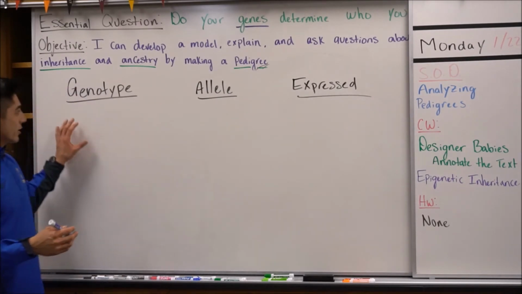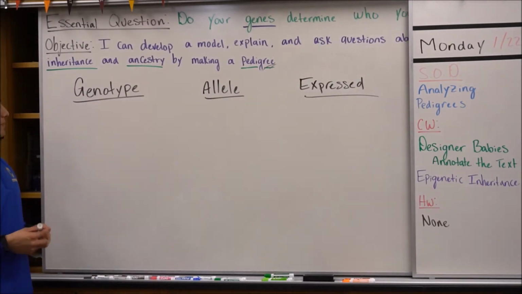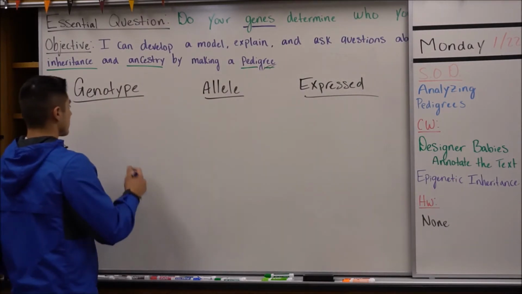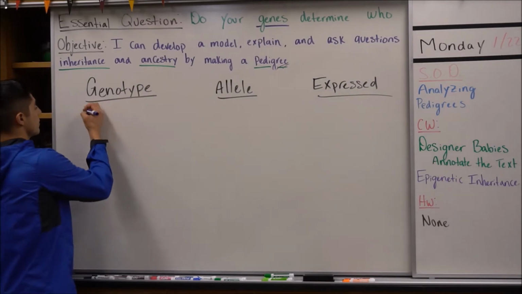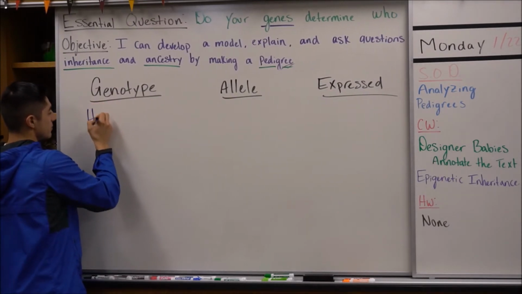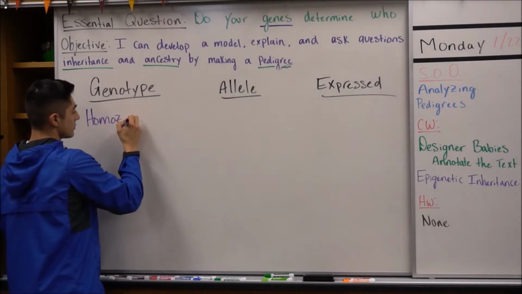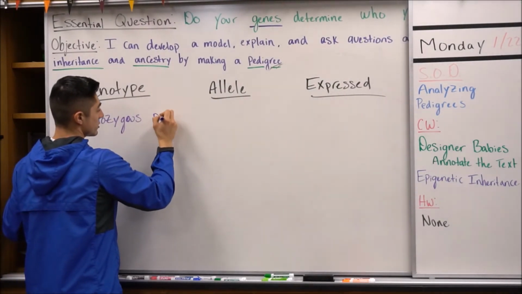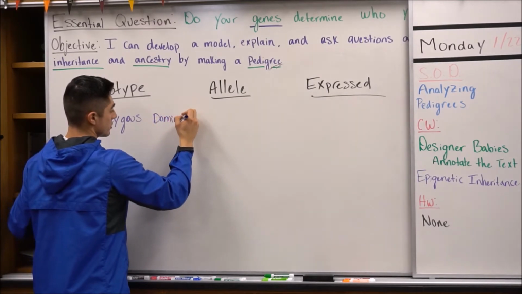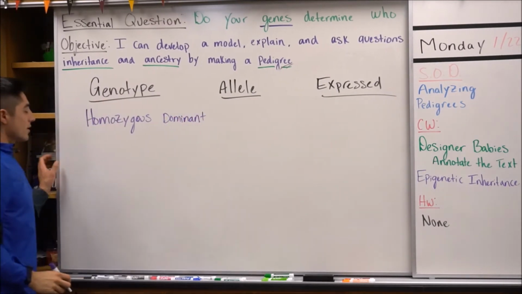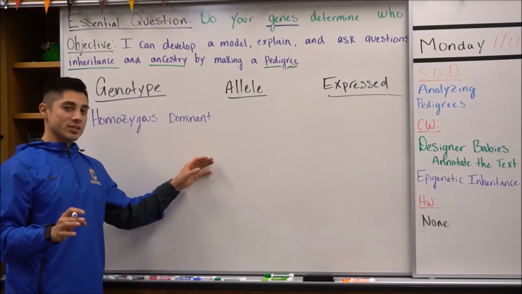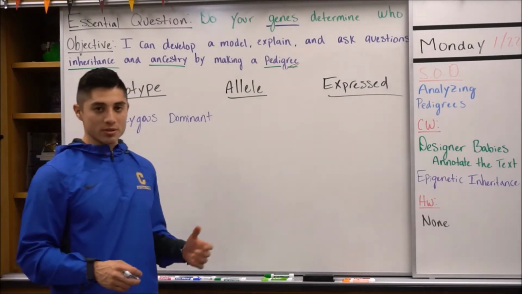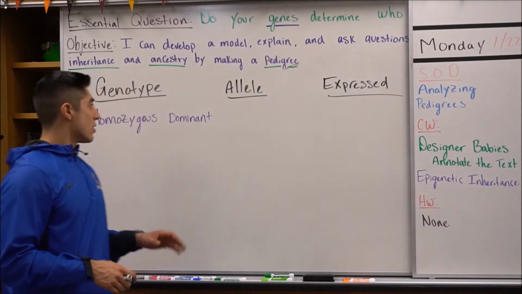So let's talk about the first type of genotype: homozygous dominant. If something is homozygous dominant, it's dominant, so that tells us we're dealing with uppercase letters to represent the alleles.